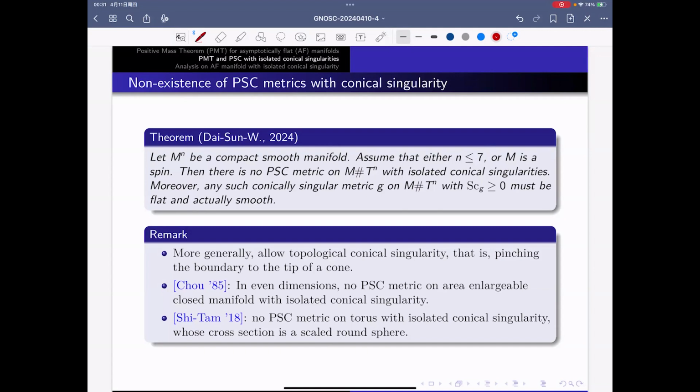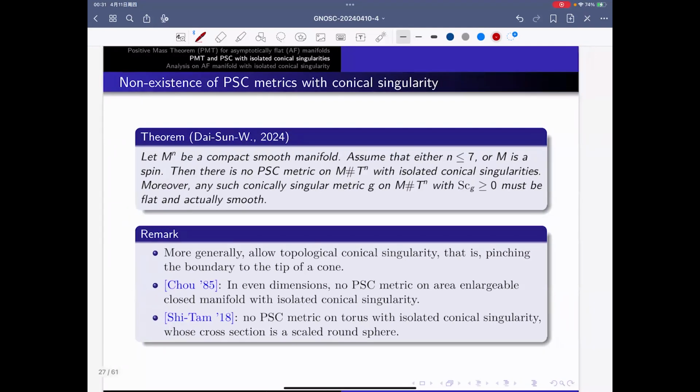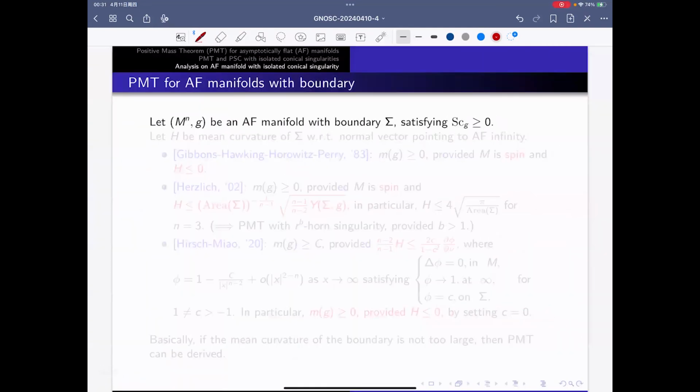Okay, so now let's move on to proofs. Since in our proof, we'll need to use the positive mass theorem for AF manifolds with boundary, or the positive mass theorem for asymptotically flat manifolds with arbitrary ends, let's recall some of these results first. So now let's say we have an asymptotically flat manifold with boundary sigma, and the scalar curvature is non-negative.